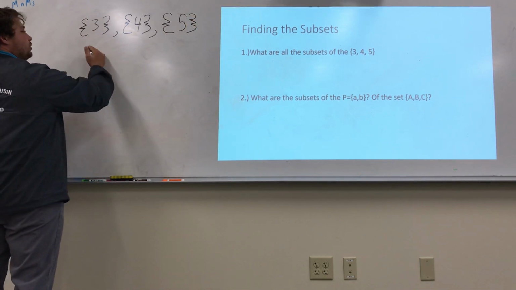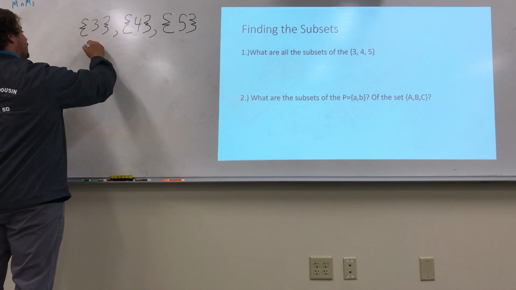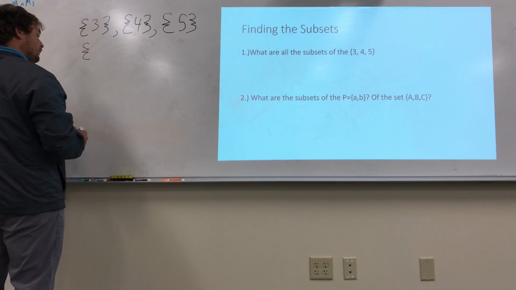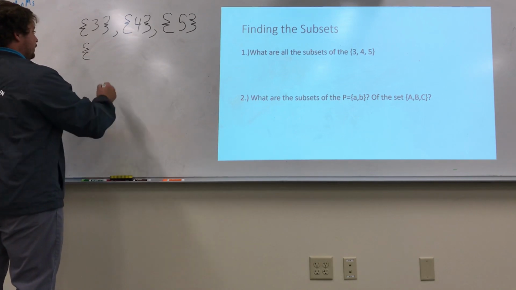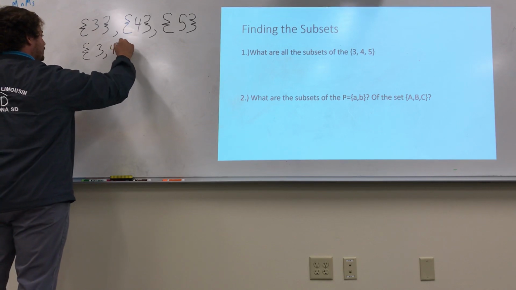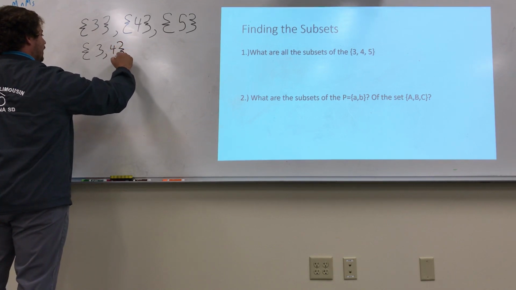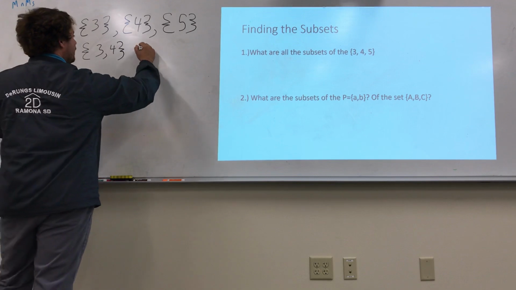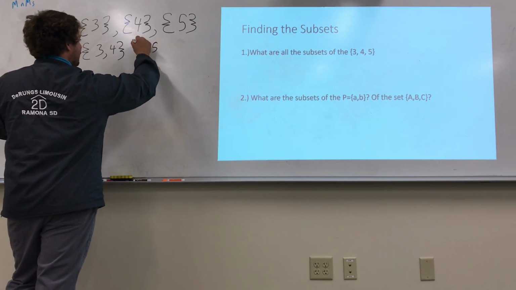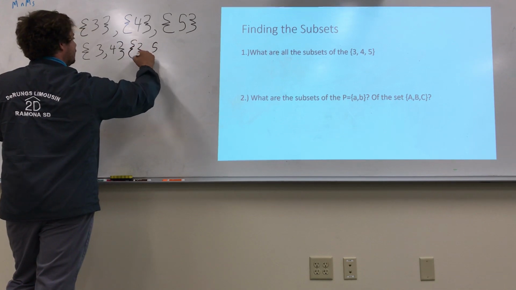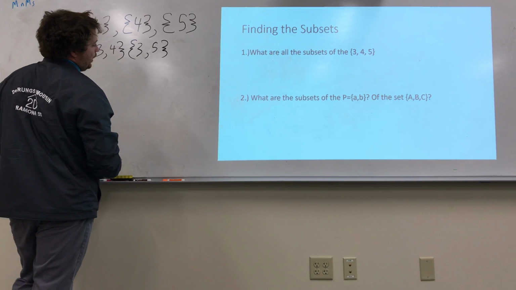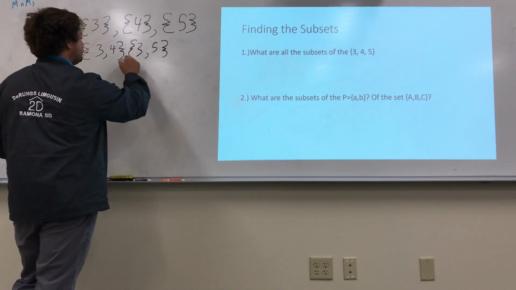Now if I let you choose 2, you are going to have the chance of getting 3, 4. So a Snickers Reese's combination. 3, 5, which would be a Snickers Kit Kat.